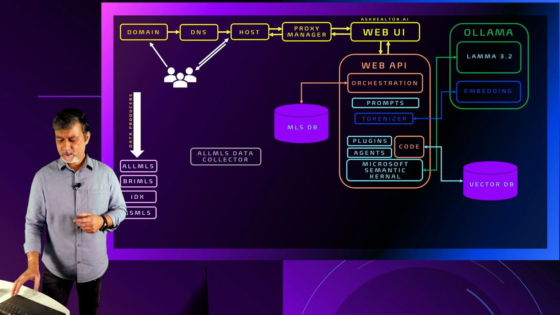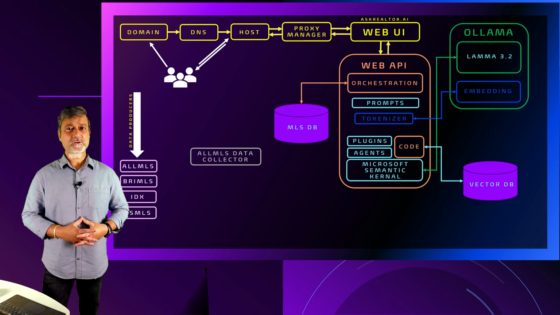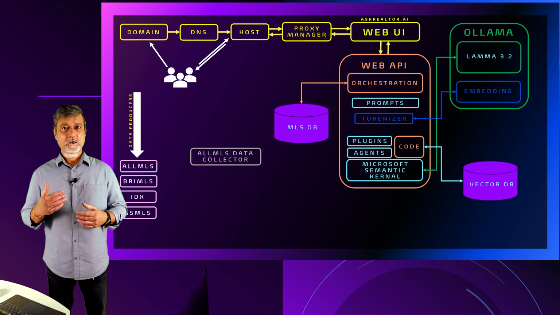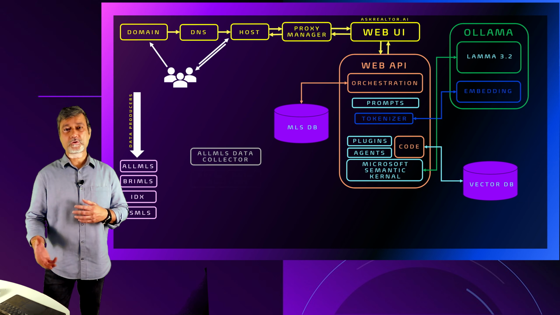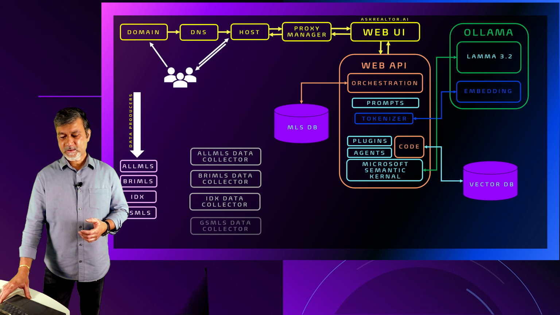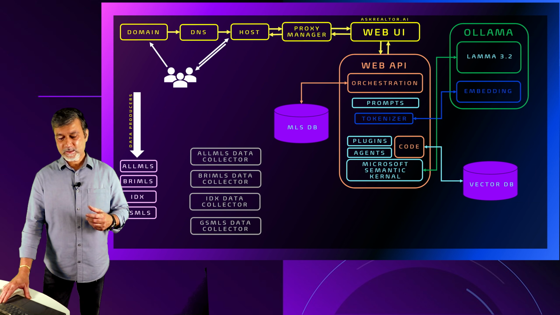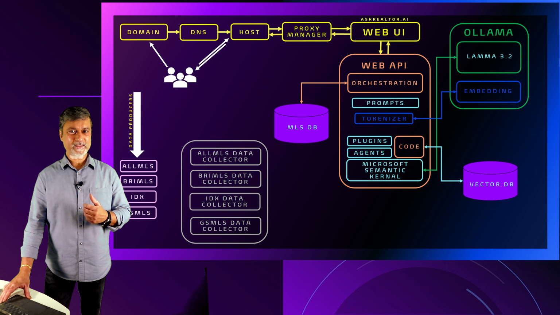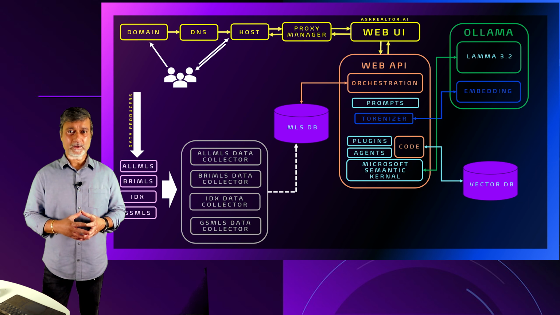Now, I will be running some data collection agents as Docker containers, as a service that's going to go to each of these different data sources and gather the information, and then push it as raw text into the MLS database.